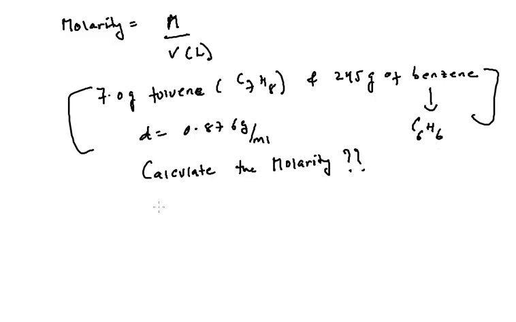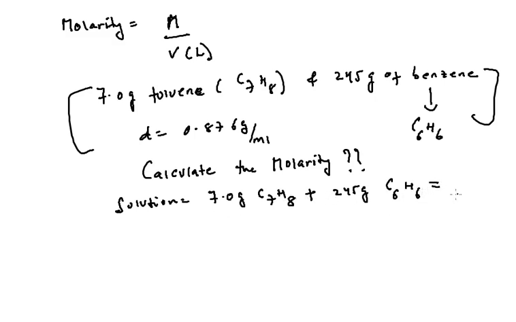Now, what's a solution? A solution is a solute plus a solvent. So we add 7.0 grams of toluene, C7H8, plus 245 grams of benzene, C6H6. 245 plus 7 gives us 252 grams of solution.